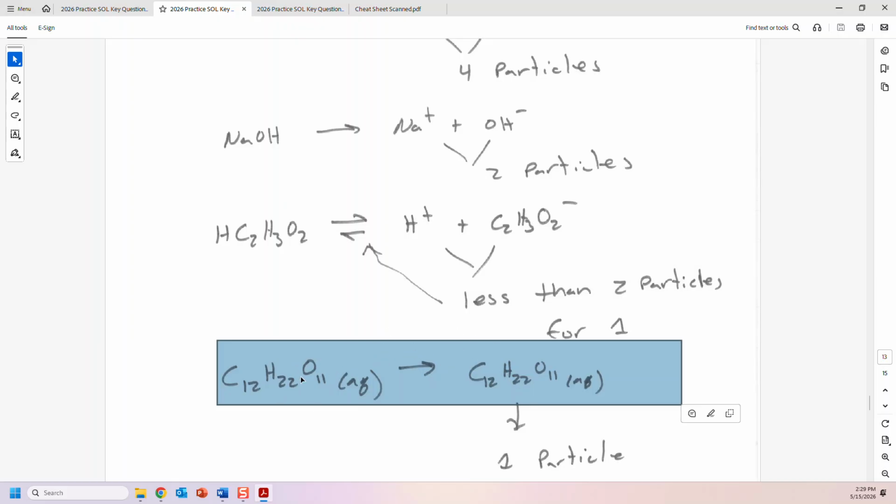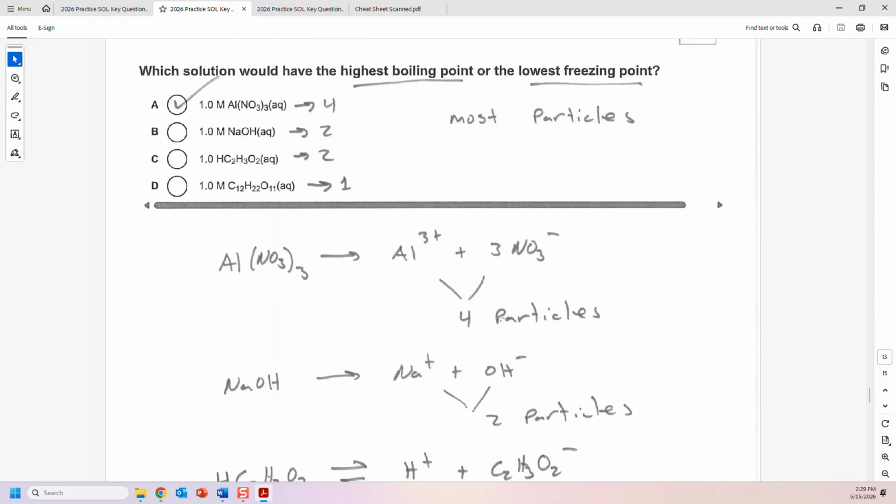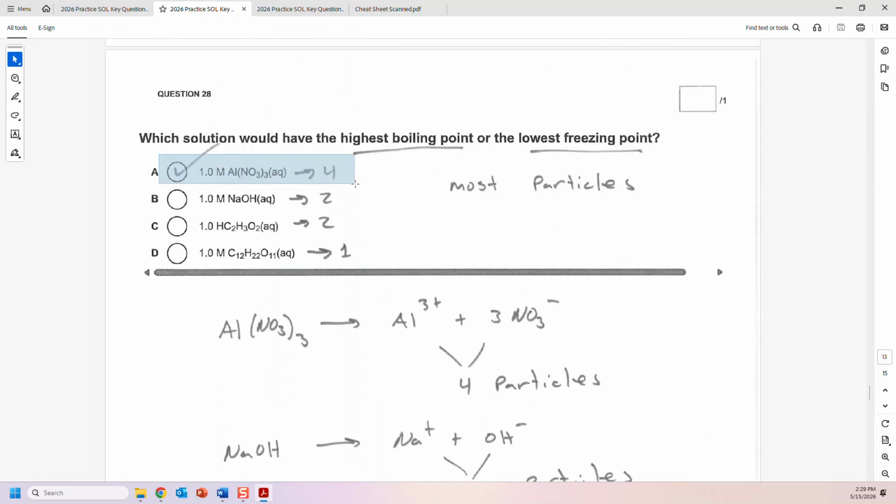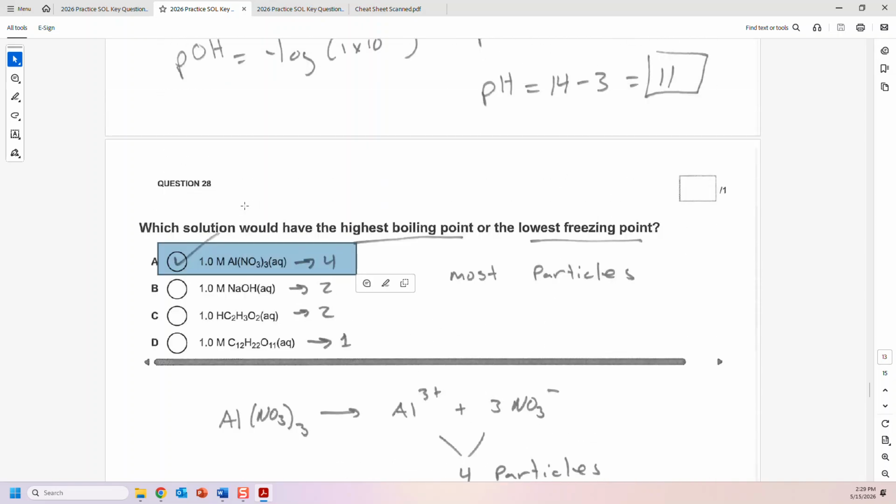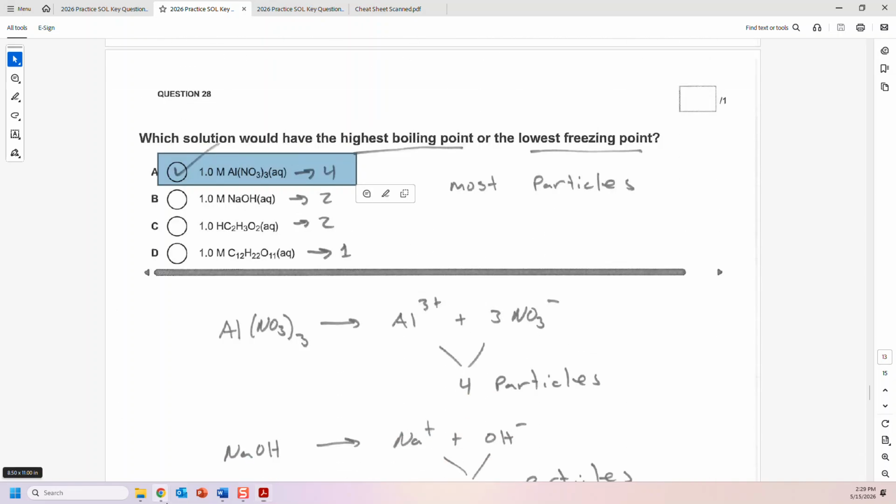It's just, is it solid, so it's these molecules surrounded by each other, or is it aqueous, individual molecules surrounded by water? So just 1 particle, okay? Because this has more things dissolved in it, it's going to have the highest boiling point and would also have the lowest freezing point. All right, we'll move on to the next.